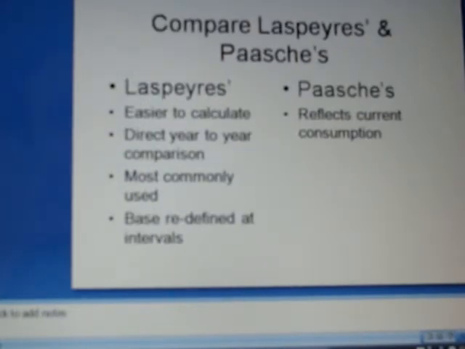Because of these conveniences, the Laspeyres method is more commonly used. However, in case of Laspeyres, we need to redefine the base year at frequent intervals because we do not want the base year quantity to be outdated.